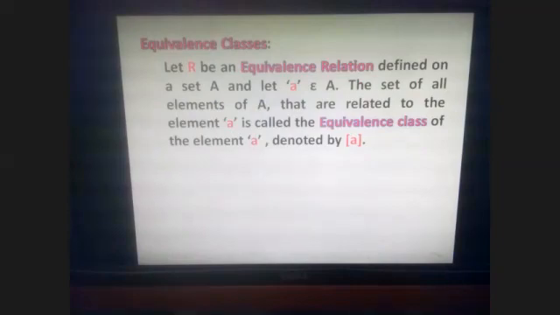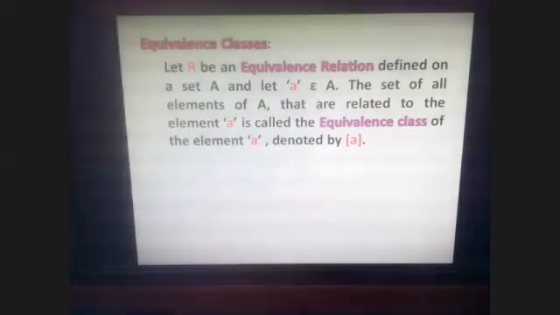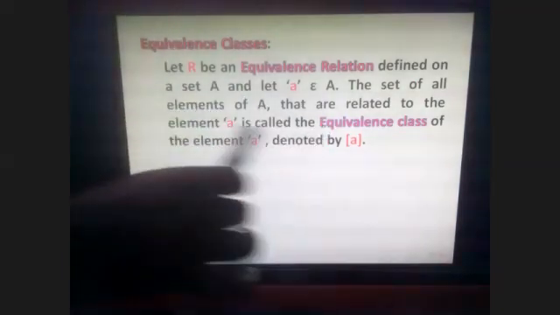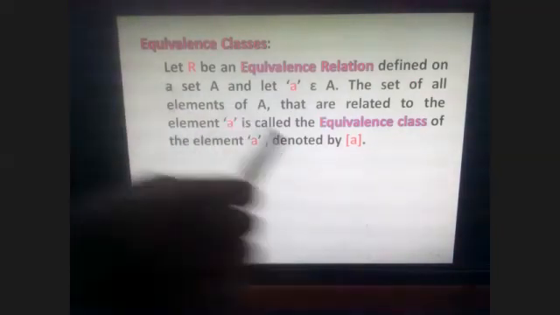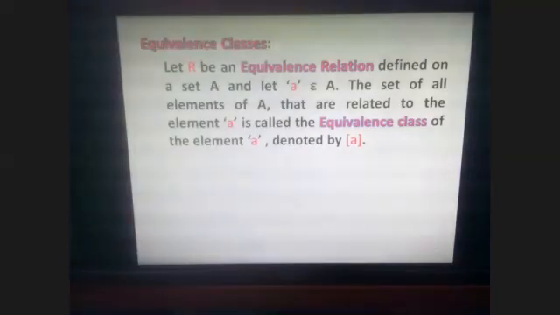Take an equivalence relation defined on a set A and a small a, an element of A. The set of those elements of A that are related to this element a is known as the equivalence class of the element a, denoted by [a] with this bracket. That is the notation for the equivalence class of a. So what is the equivalence class of a? Those elements which are related to a. Simple.